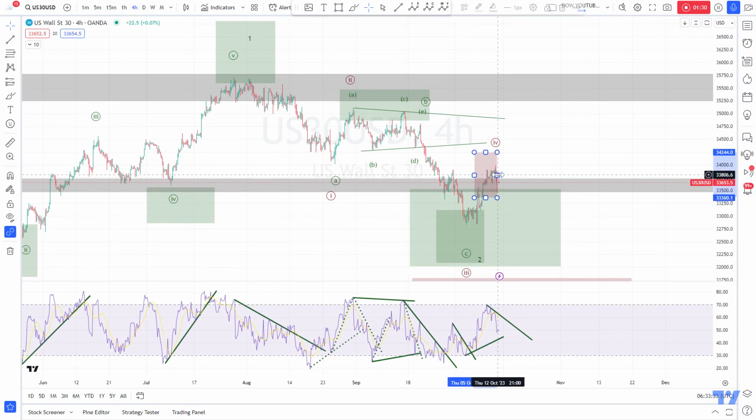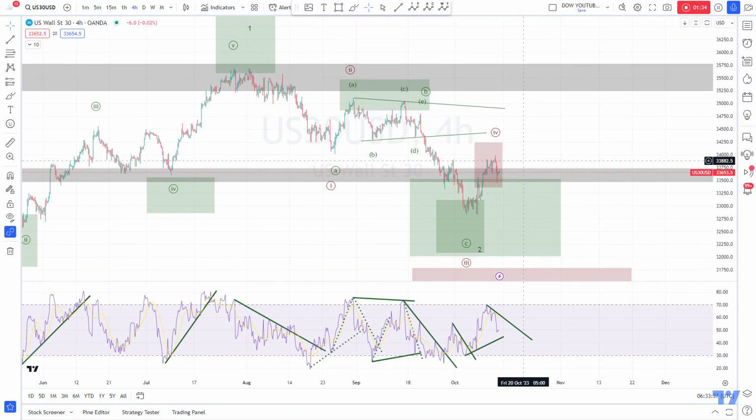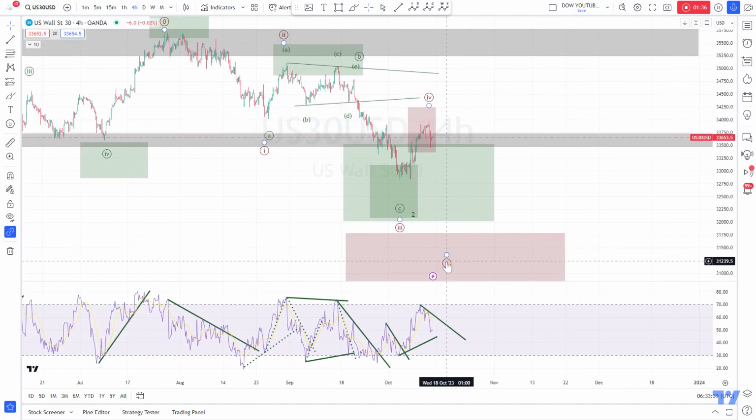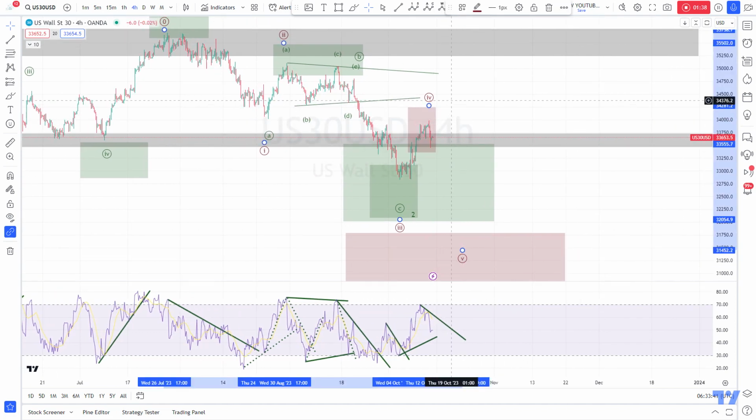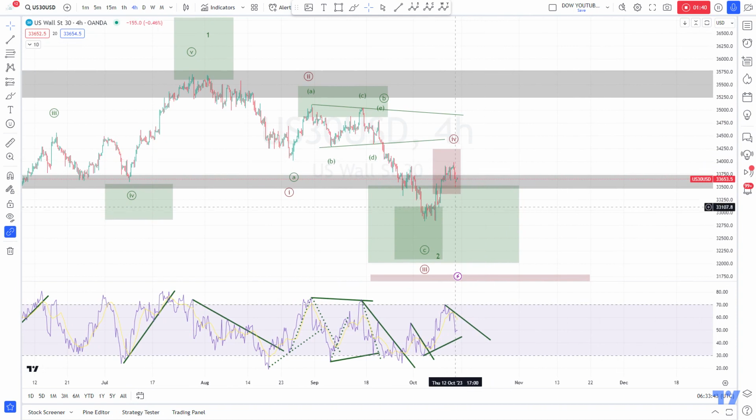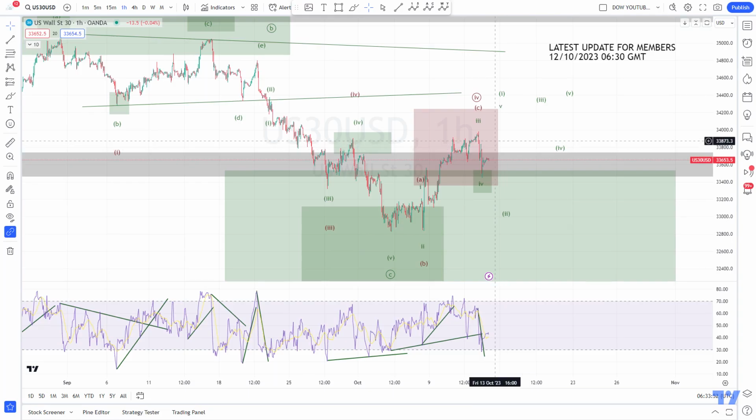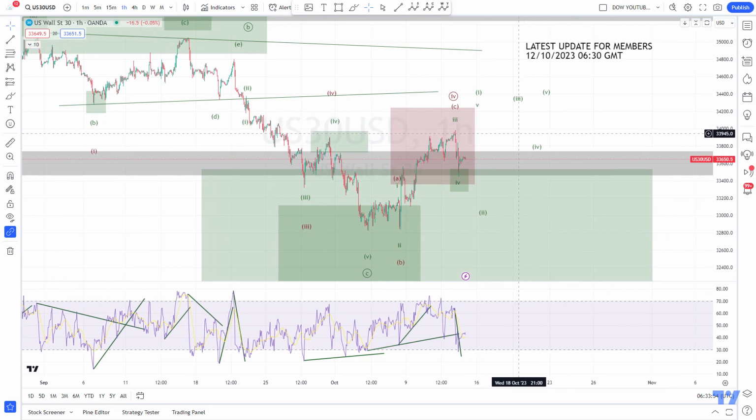We are currently in wave 4 area, but then it could mean that we do another impulse down here as a wave 5 into this area. So therefore we now look at the lower time frame, and here we are looking at the 1 hour chart.